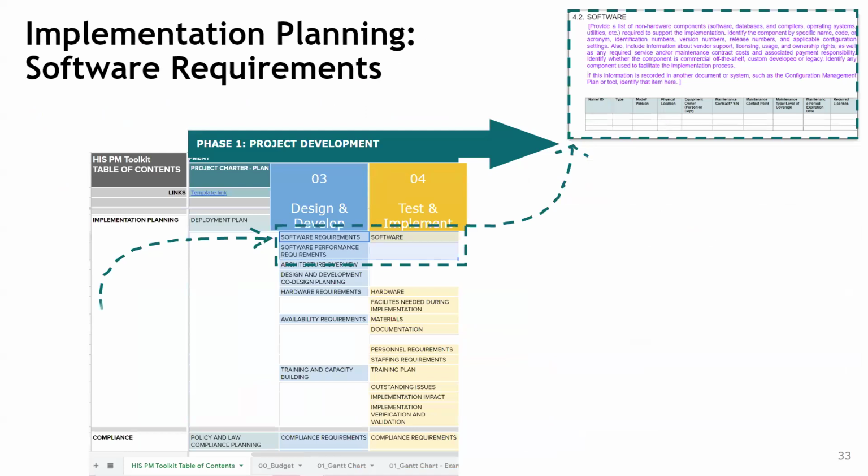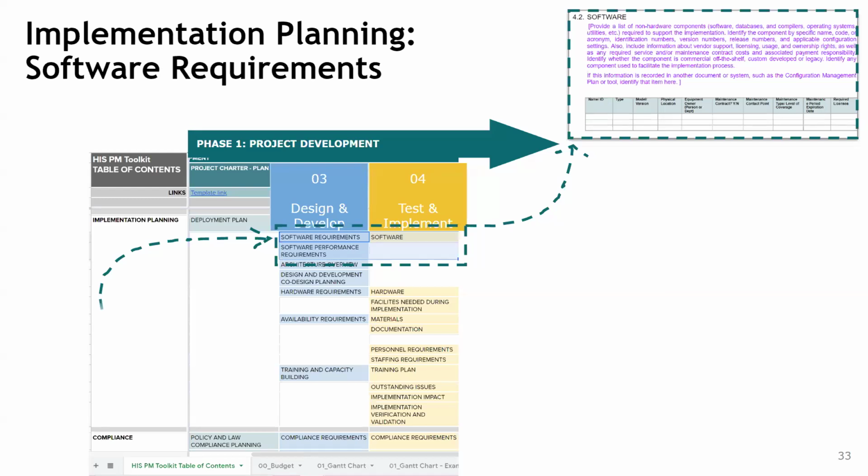As part of the planning for implementation, we need to think about software requirements. So here we are not only talking about the software that we are deploying, we are talking about other components. So your operating system for the server, and for the computers that will be used, your database that will be used, and so on, depending on other equipment that you are using.